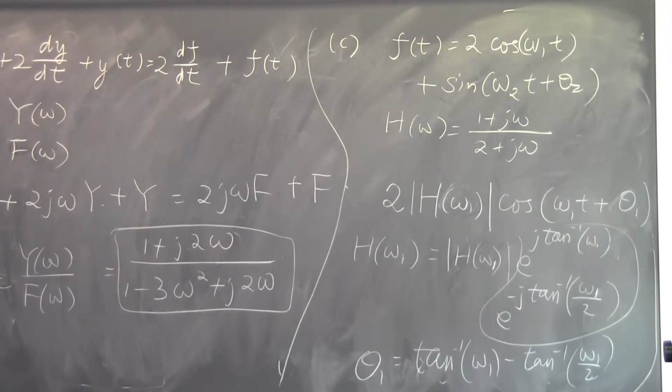The additional phase is equal to arctangent of omega 2 minus arctangent of omega 2 over 2. Okay, that is the necessary phase that I have to add.